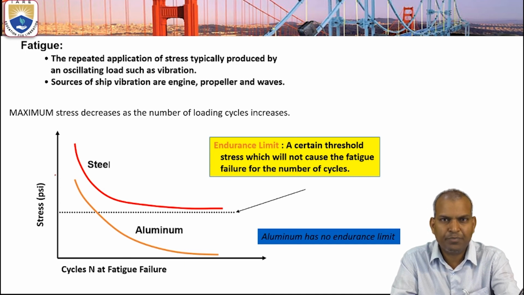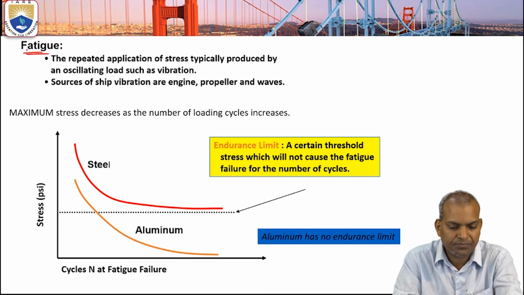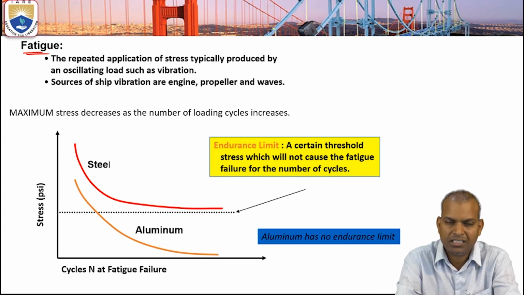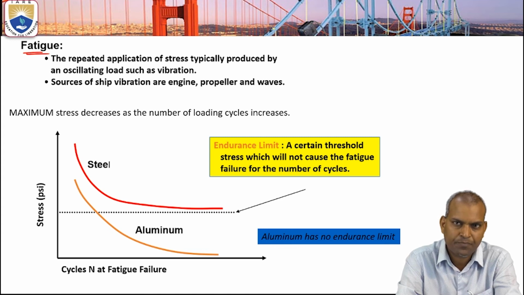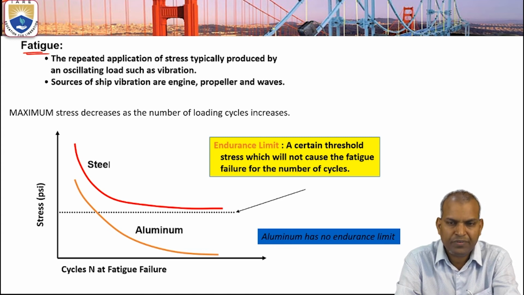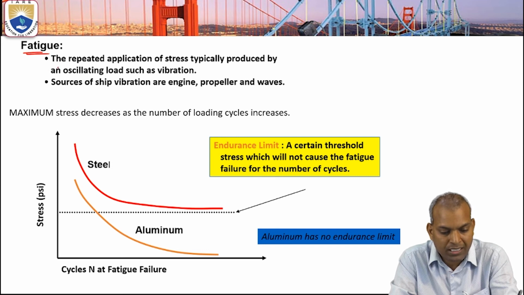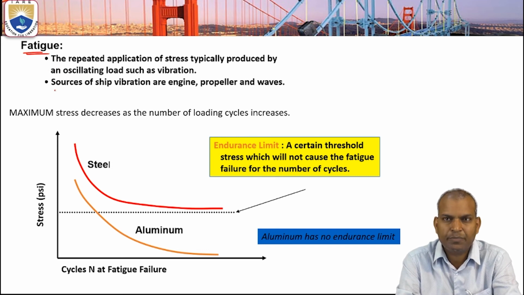Next important material property is called fatigue. It is the ability of the material to withstand cyclic loading. That strength is known as the fatigue strength. Fatigue failure means the failure of the material under cyclic loads. It is the repeated application of stress, typically produced by oscillating loads such as vibration.